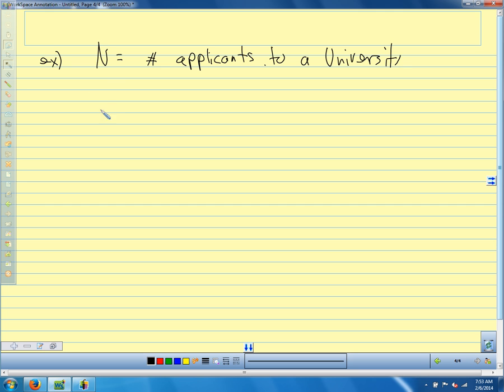This might become really depressing. And that P is the cost of food and housing. Also very depressing. And T equals the cost of tuition.